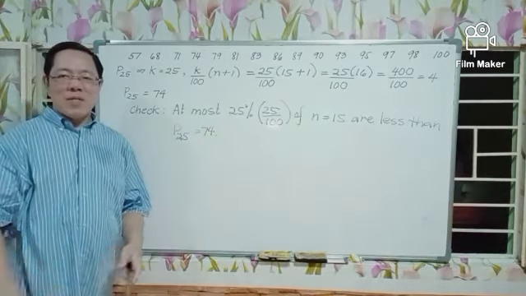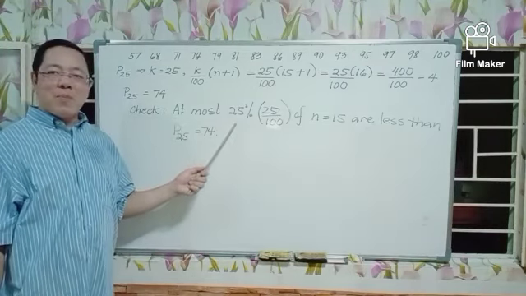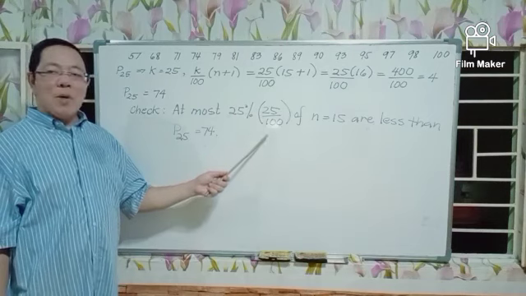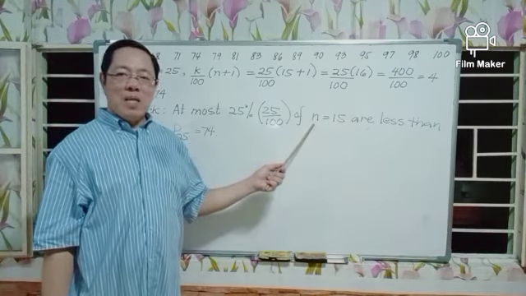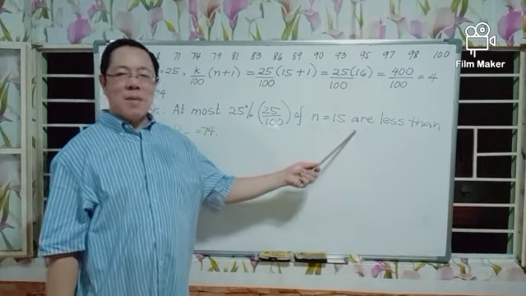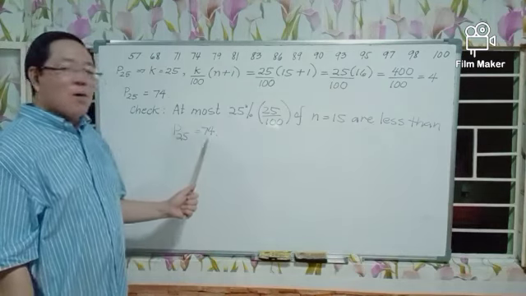If our answer is correct, this is the condition that must be satisfied: at most 25%, or 25 over 100, of the sample size, or the number of values 15, are less than the 25th percentile, or 74.